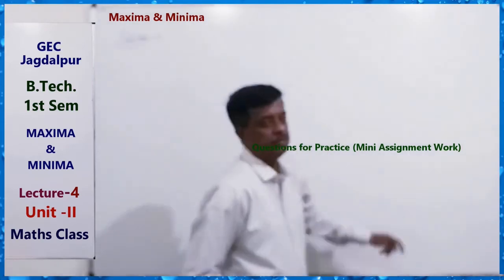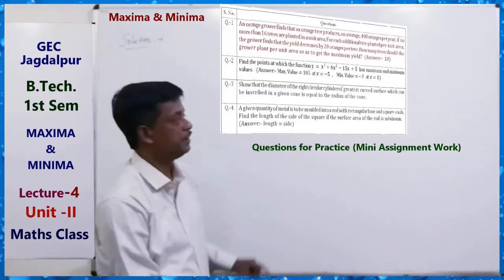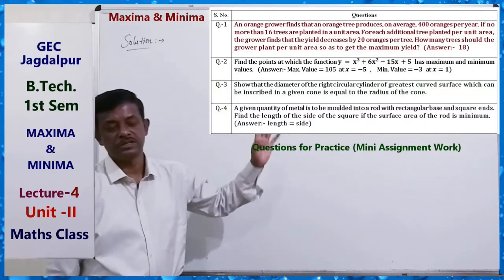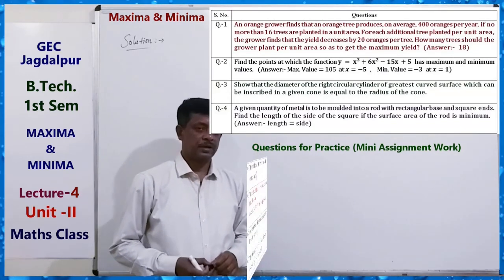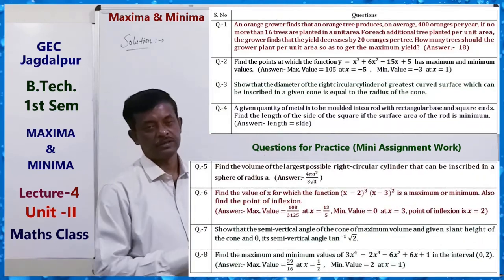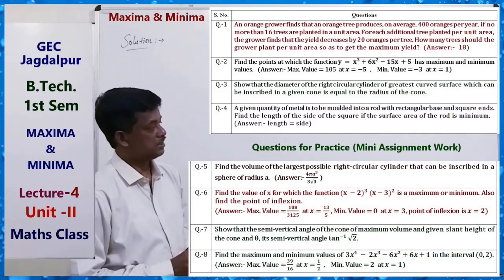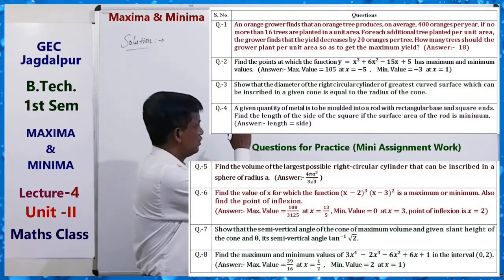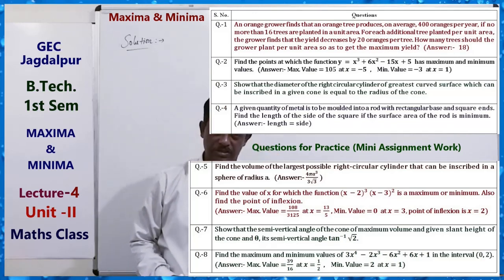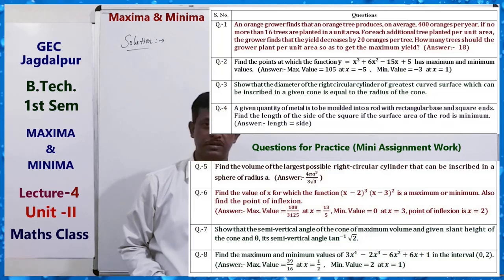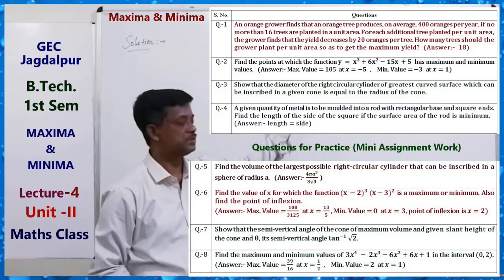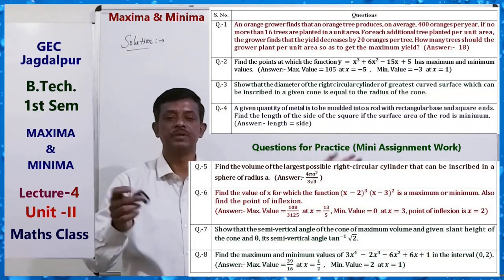Now I will give some questions for your practice. Just do all these questions. First of all, understand the questions and then write the required function which denotes the main objective which should be maximum or minimum.